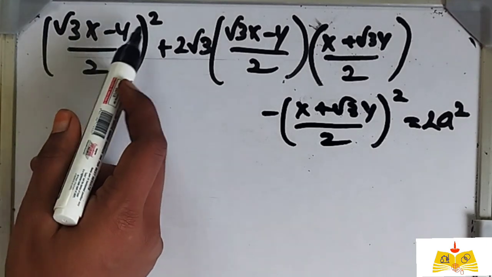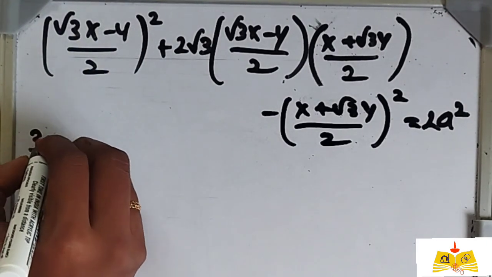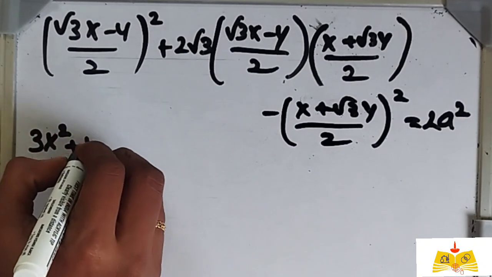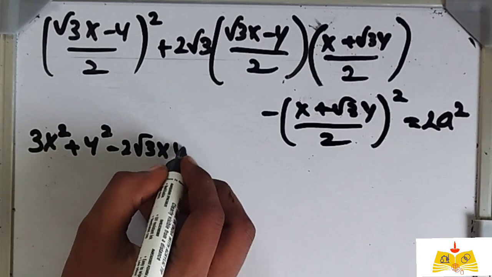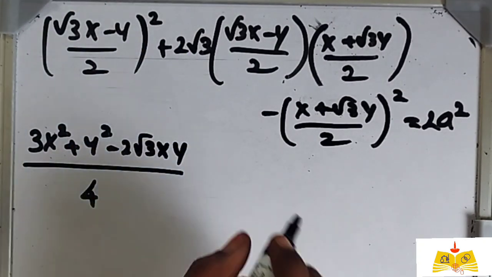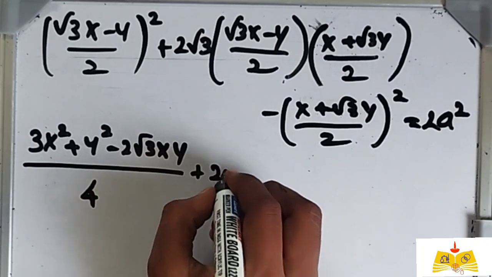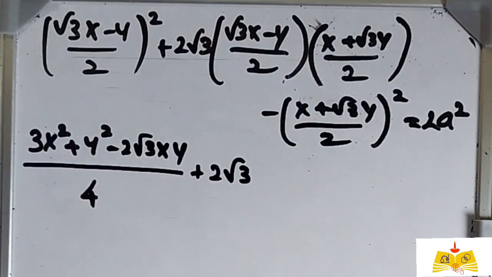It is in the form of a minus b the whole square. Shall we expand this? It will become a squared plus b squared minus 2ab, divided by 2 squared, which is 4. Likewise, plus 2 root 3, here we have to multiply the terms individually.